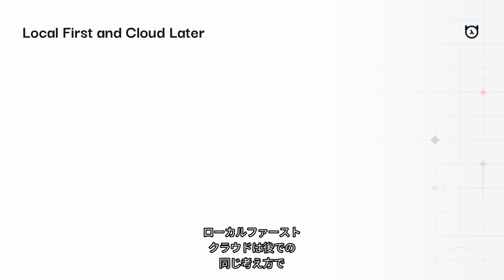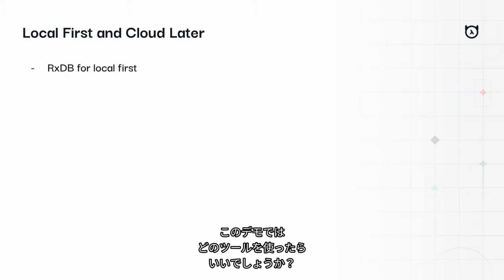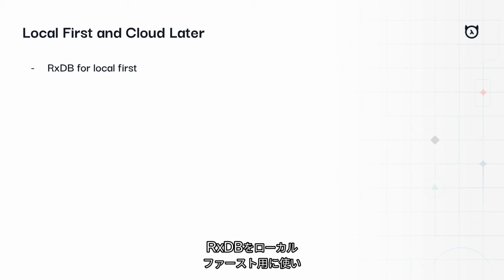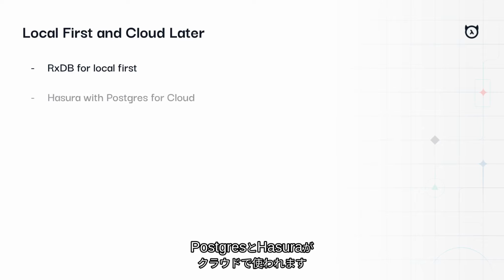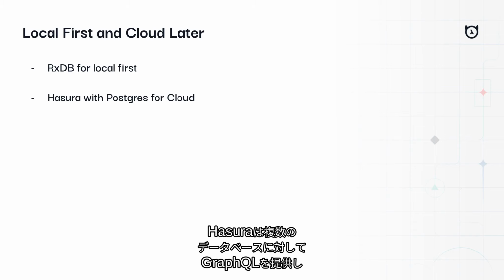So on the same notion of local first and cloud later, what are the tools that are being used in this demo? We have RxDB for a local first setup, and we have Hasura with Postgres for the cloud setup. So Hasura gives you GraphQL with multiple databases.